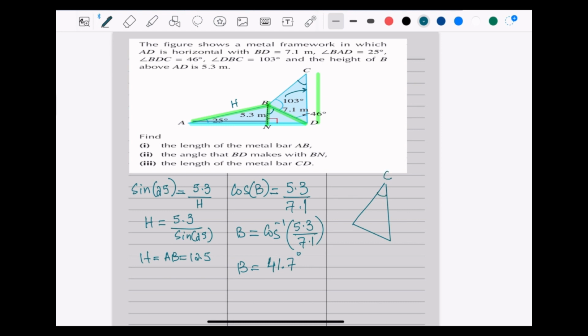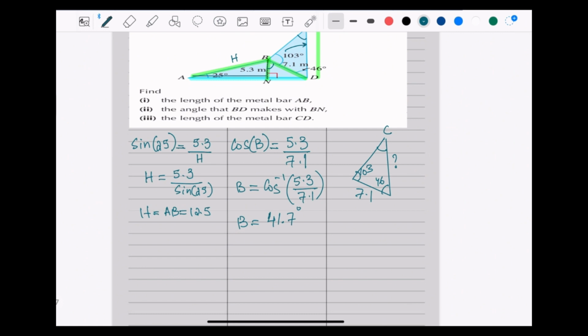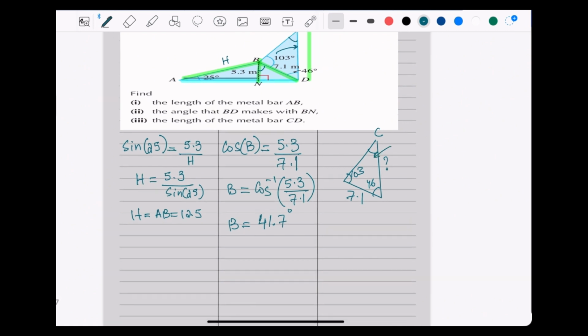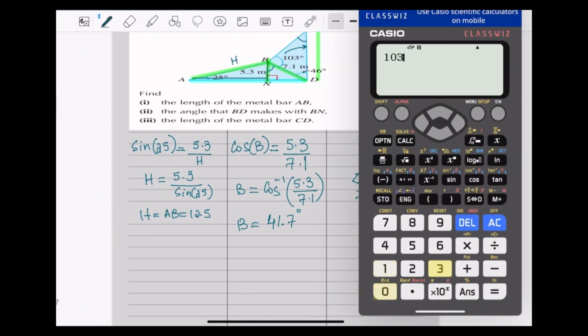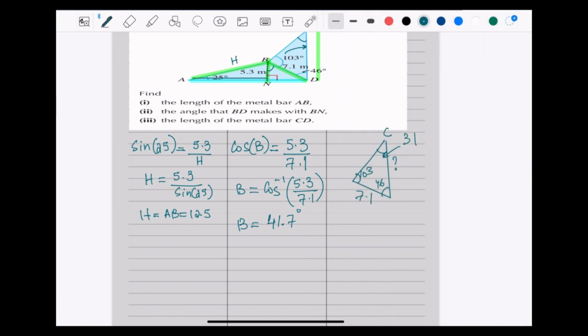This is C, this angle, this is 7.1, this is 46 degrees, and this is 103. So I need to just find out this length. I can find this angle: 103 plus 46 is 149, and 180 minus the answer is 31. So this angle is 31.